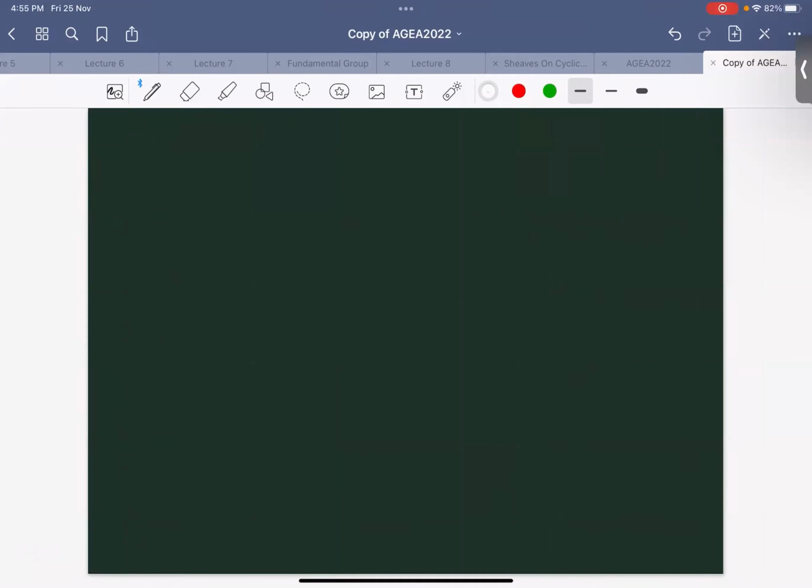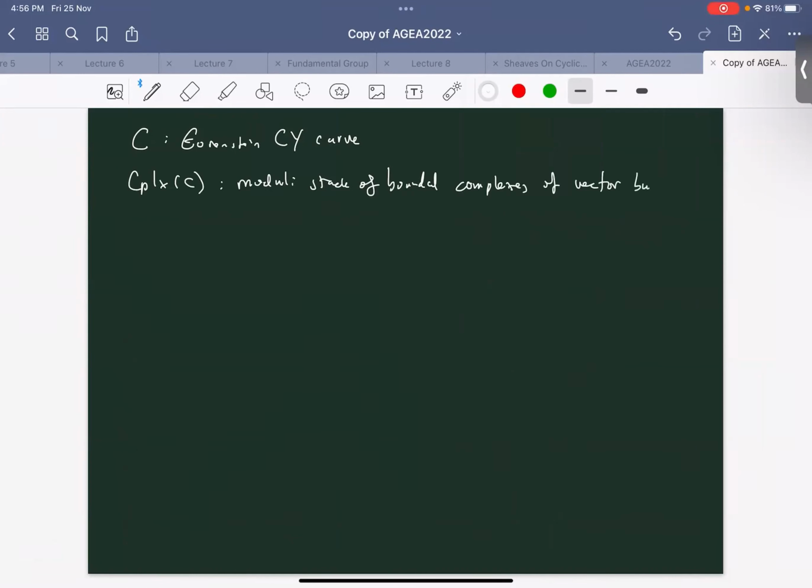Okay, so now let me define my main moduli space. Again, C should be a Gorenstein Calabi-Yau curve, and I denote by Complex(C) the moduli stack of bounded complexes of vector bundles. You may wonder why we use a new terminology since we already have Perf.